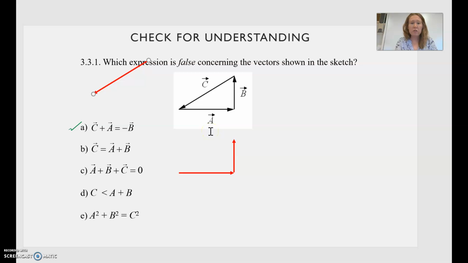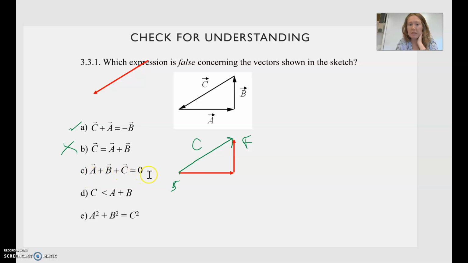Okay, so now A and B are just fine. Here's the start, here's the finish. If I draw a vector starting at this tail and going to the arrowhead of the next one, that would be the sum of A plus B. So actually that is not correct. This looks false.